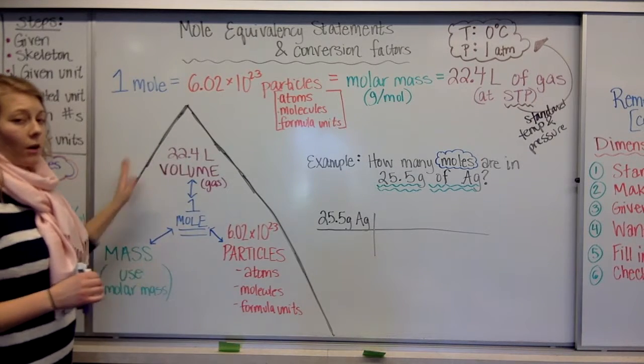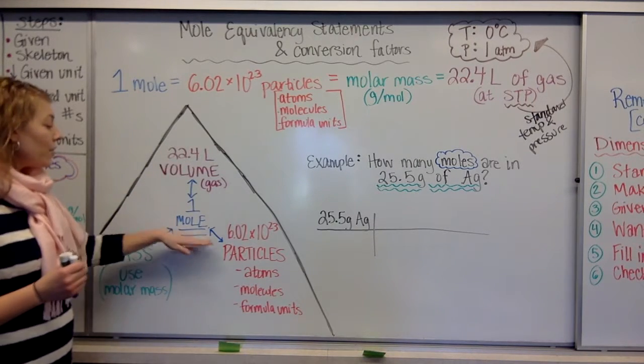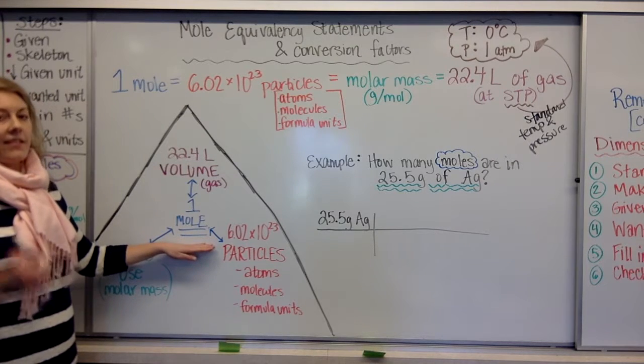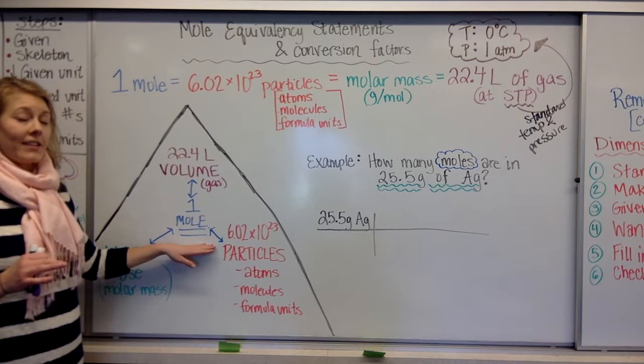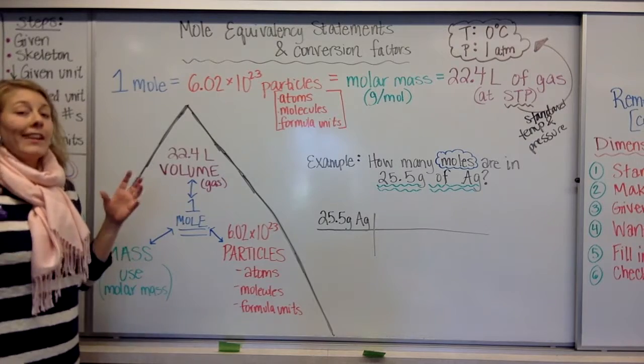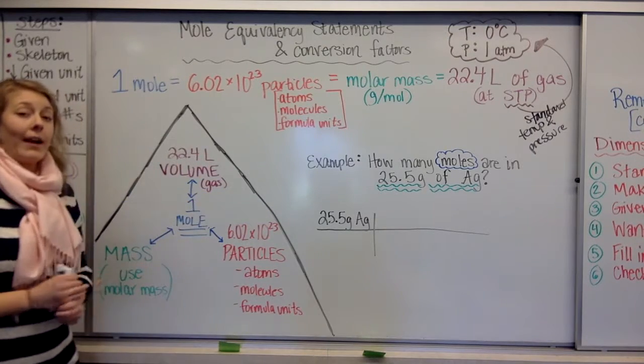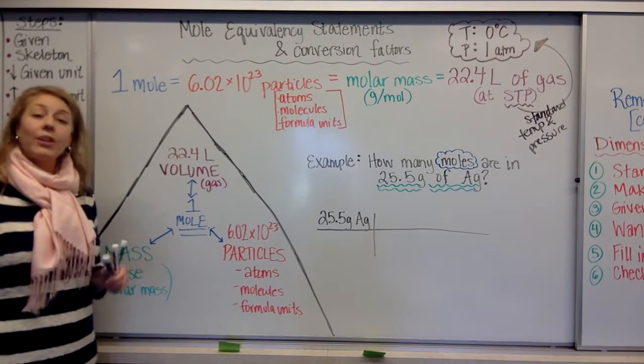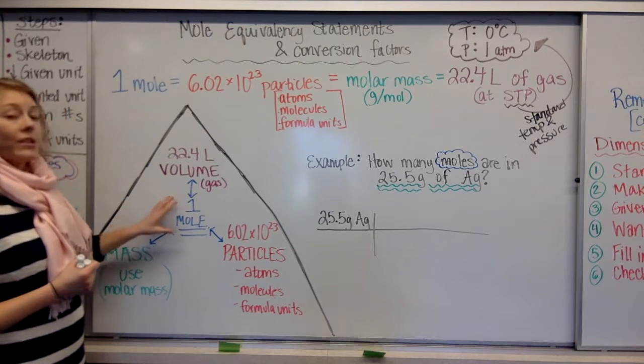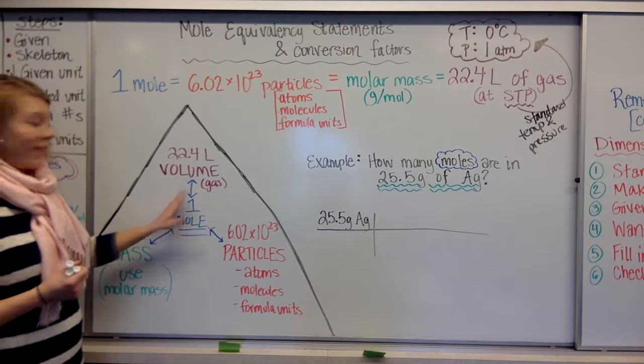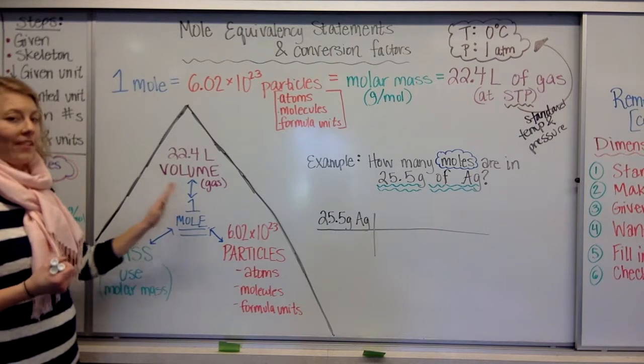We can convert between all four of these. What you notice is that in the middle of this is 1 mole, all right? 1 mole is the center of our world right now. No matter what we're converting to or from, we're going to use 1 mole, right? So everything revolves around this mole.